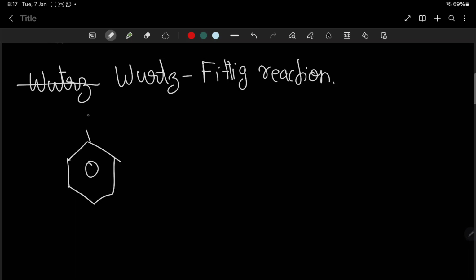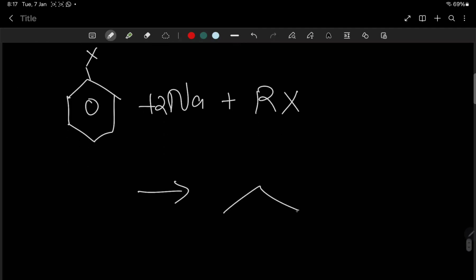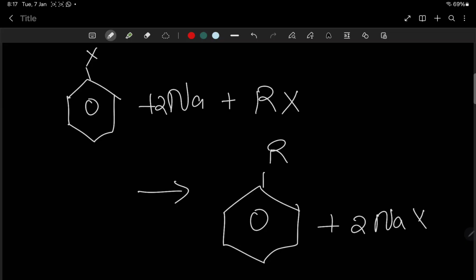Is the difference. Take 1 haloarene, 2 Na, and 1 RX, any haloalkane. Here what happened? We get this compound, like an alkylation reaction. Alkylation happens and we get 2 NaX. This is the reaction. Just rearrange it accordingly.